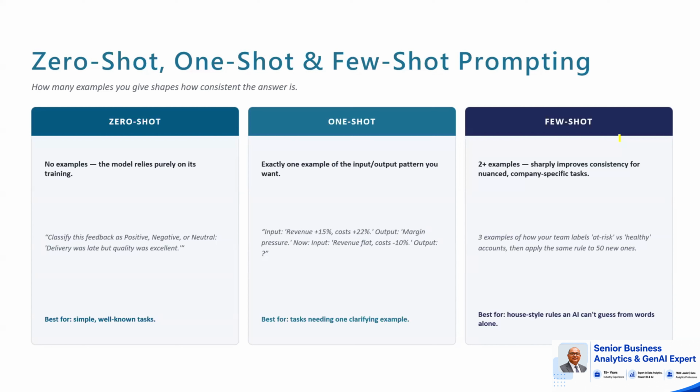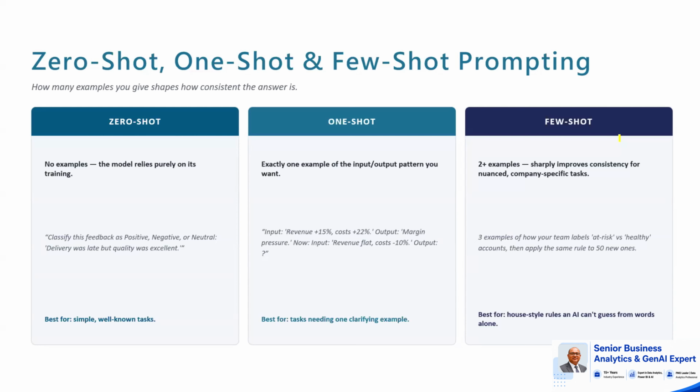You are asking AI to find out that when revenue is plus 15% and cost is plus 22%, my output is margin pressure, meaning I have a problem in my sales margin. So if I give input that revenue is flat and cost is minus 10%, what will be my output? So you are actually giving it an example.